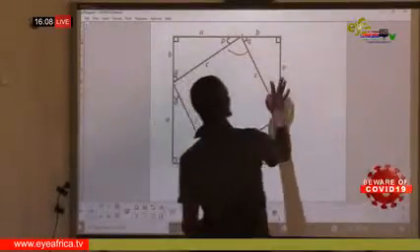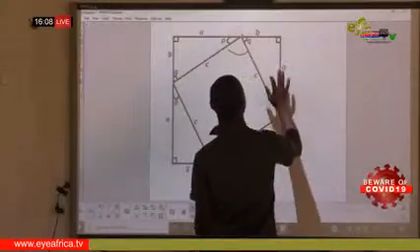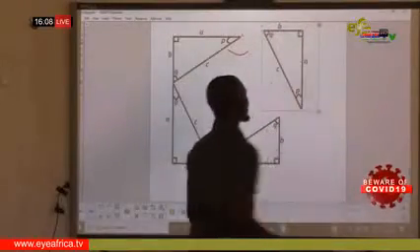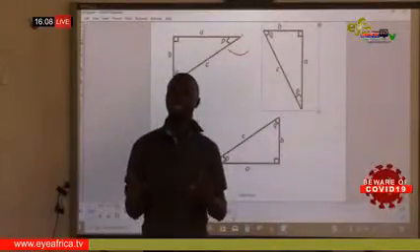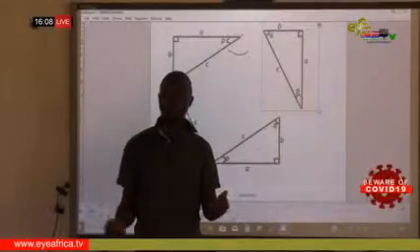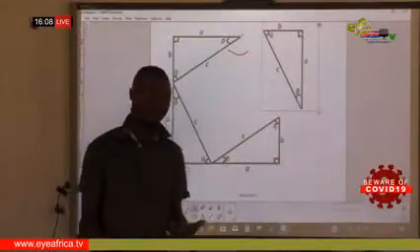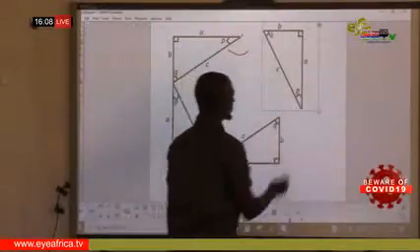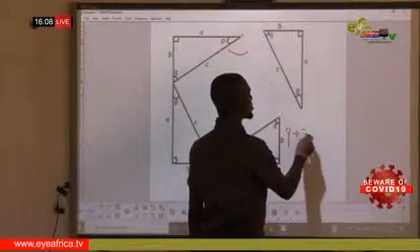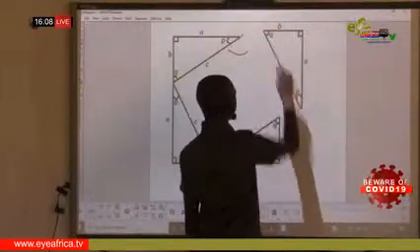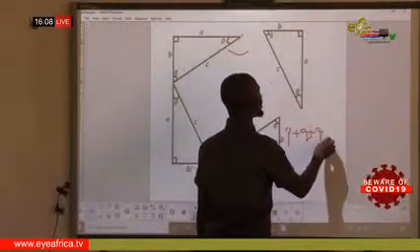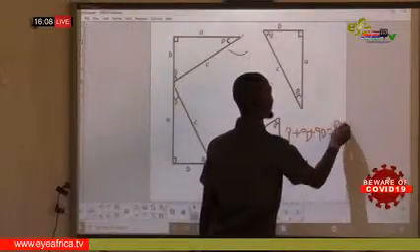First, if I remove this triangle, if I drag this triangle, the angles in a triangle, if you add them, they sum to 180. That is, if you have P plus Q, that is the triangle, plus 90 is equal to 180 degrees.